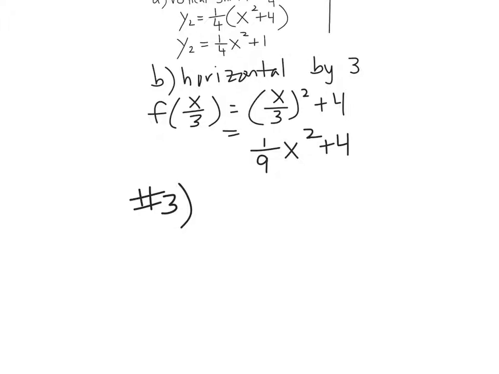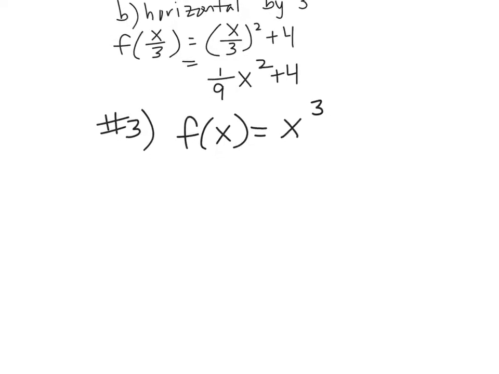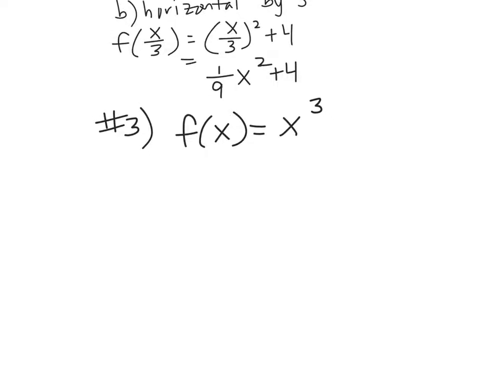All right, so now we're going to put all the transformations together. Okay? So let's suppose that you have your parent function, f of x equals x cubed. Okay? And we're going to take x cubed and we're going to do a transformation in this order. So order matters here, in this order. You're going to horizontally shift 2 to the right.